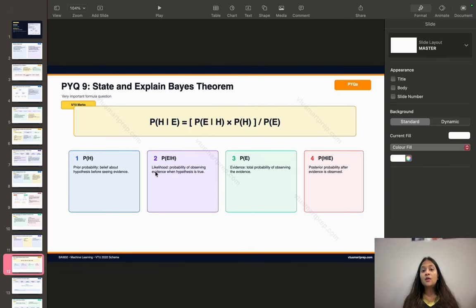Then I said you have to remember what likelihood is. This is how it is represented. Similarly for evidence, and in the end after the formula you will be able to find the posterior probability after evidence is observed. The formula you remember, and what each term represents is what you have to write.